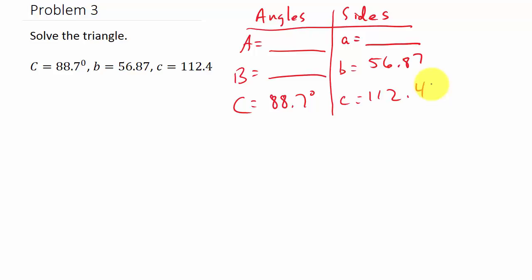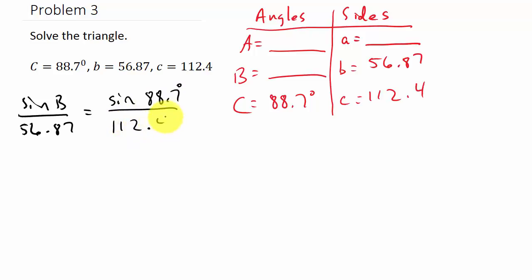Alright, so, well, the only thing that we can solve for here is, I'm sorry, is angle B. Okay, see, we have side B, side C, and angle C. So we plug those in and we can solve for angle B. So I've got the sine of B over 56.87 is equal to the sine of 88.7 degrees over 112.4.